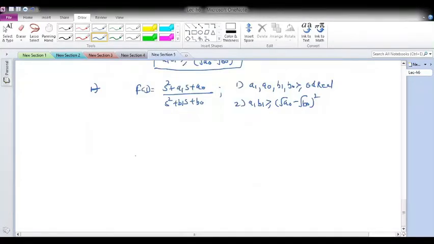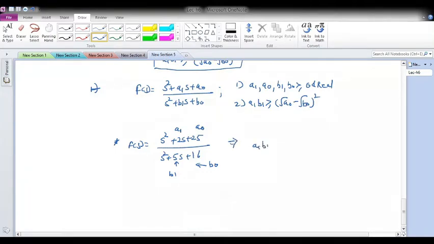Okay, so now based on this, suppose f of s I have is s square plus 2s plus 25 over s square plus 5s plus 16. So this is a1, this is a0, this is b1, and this is b naught. Okay, so from here a1 b1 is greater than or equal to root a naught minus root b naught, its square.